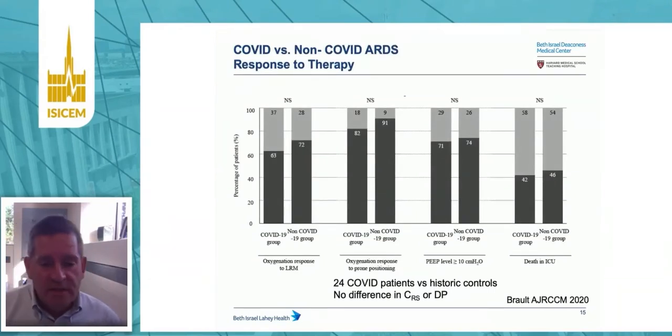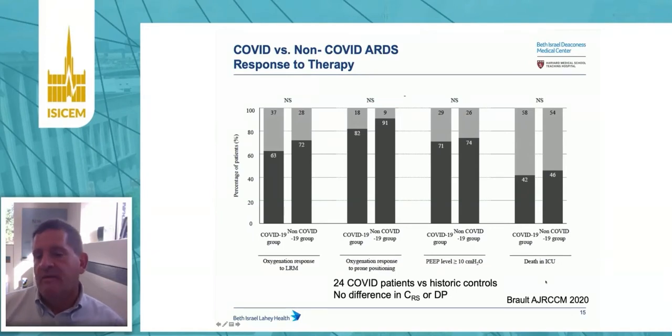This report out of France, published this week, shows the response to various maneuvers between 24 COVID-19 patients and historic controls. So in this paper, they reported no difference in compliance or driving pressure, but they did report that the oxygenation response to lung recruitment maneuvers, to prone positioning, to higher levels of PEEP, and the mortality rates were all very similar in COVID-19 and non-COVID-19 patients.